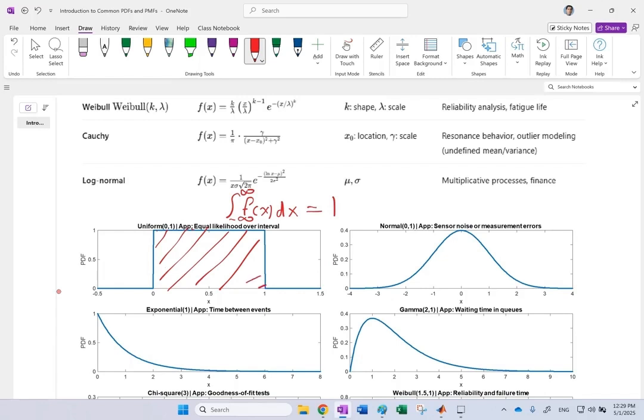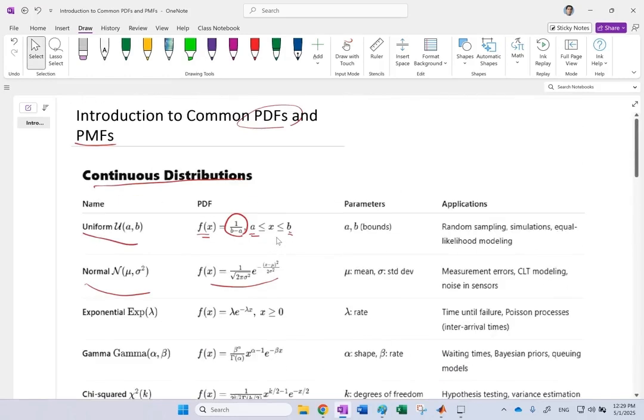And for that reason, if this is from a to b, this amplitude here should be 1 over b minus a. So the area of this rectangle, which is b minus a times 1 over b minus a, becomes 1. Okay, so that is this uniform PDF.